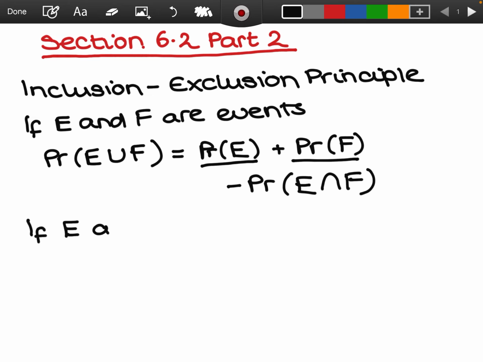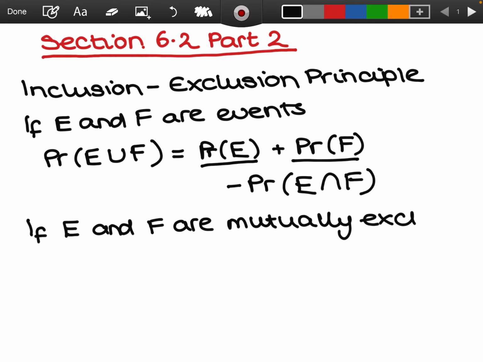If E and F are mutually exclusive, that means that there are no outcomes that land in the intersection of E and F. E intersect F is the empty set. The probability of the empty set happening is 0. It's never going to happen.